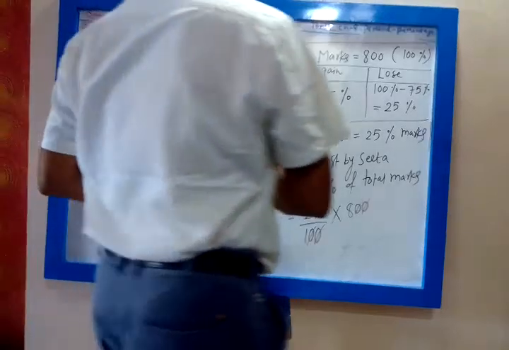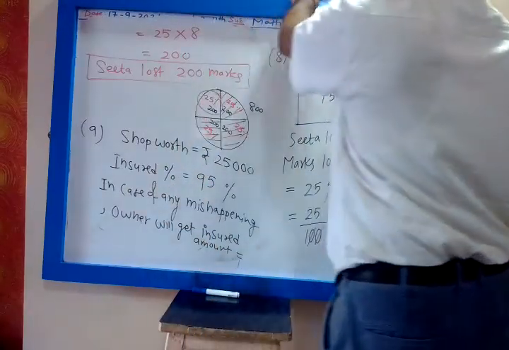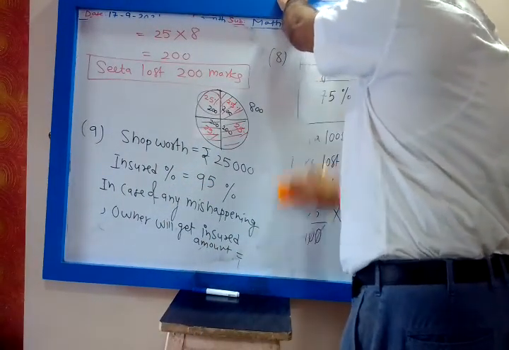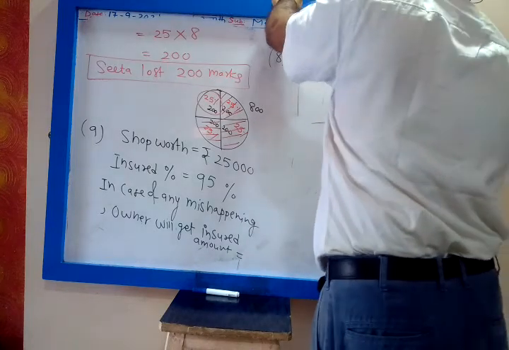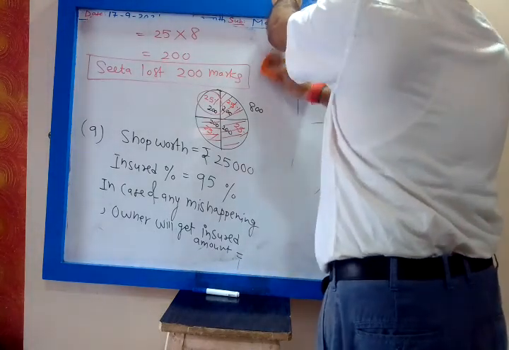What will be that insured amount? 95% of this, because 95% is the insurance amount.